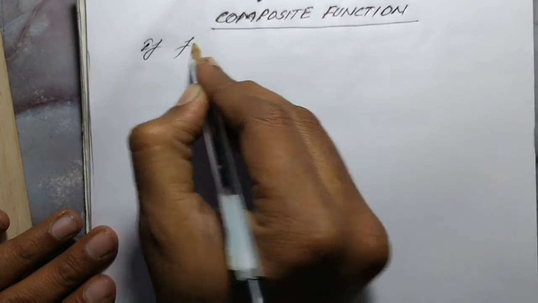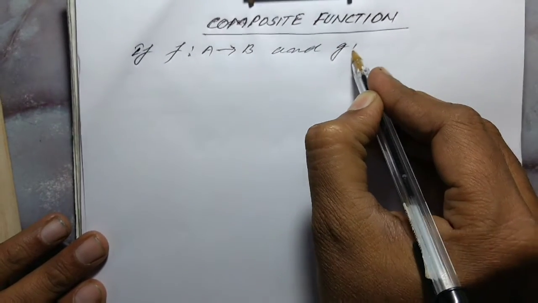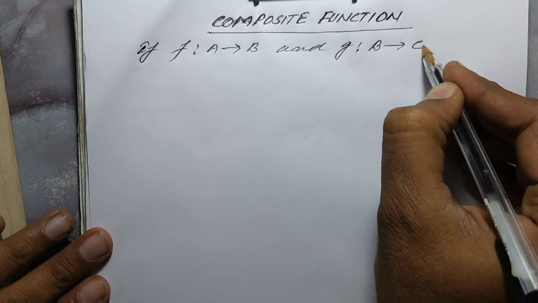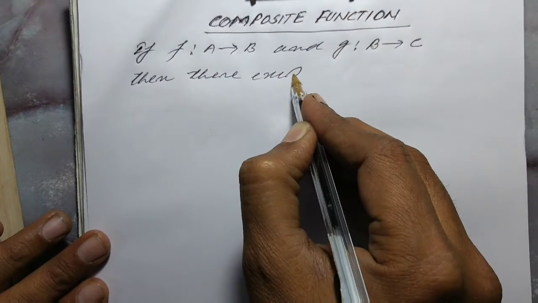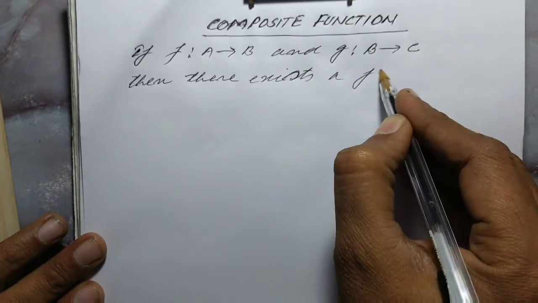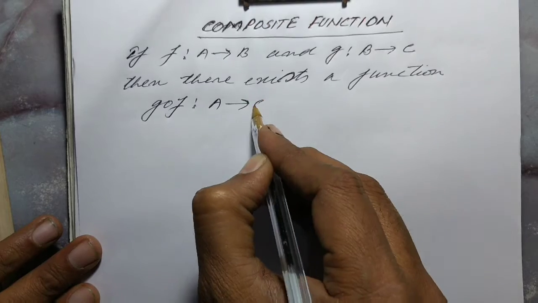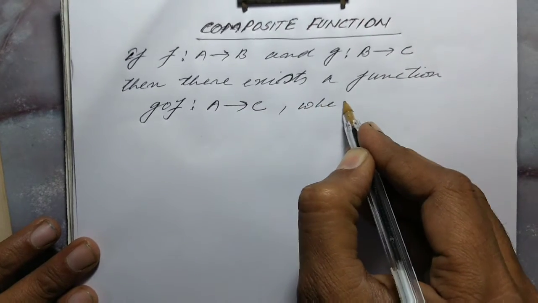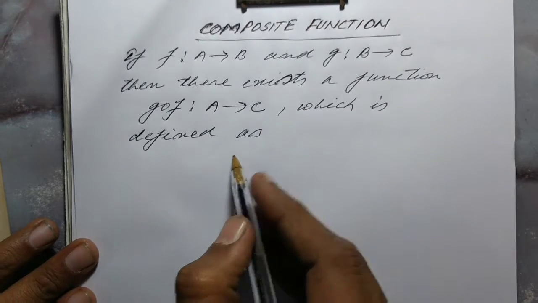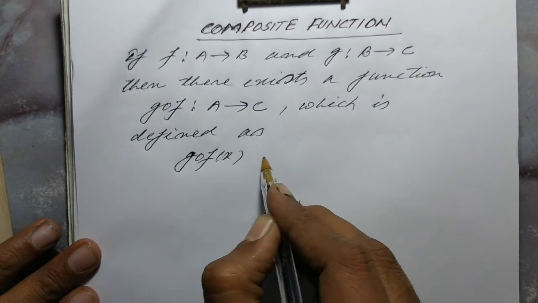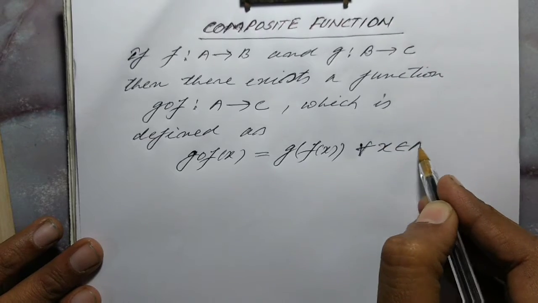If f is a function from A to B and g is a function from B to C, then there exists a function gof from A to C, which is defined as gof(x) is equal to g(f(x)) for all x belongs to A.